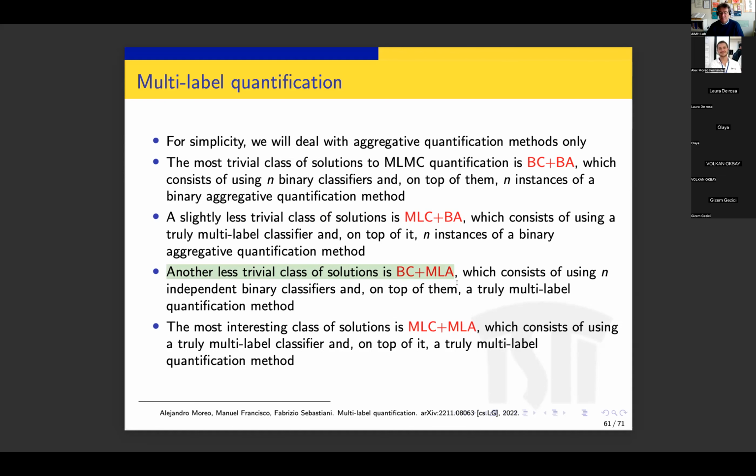But the most interesting class of solutions, and the one that has proven most accurate, is MLC plus MLA, multi-label classification and multi-label aggregation. That means exploiting the stochastic correlations between the classes, both at the level of the underlying classifiers and at the level of the aggregation policy. So you use a truly multi-label classifier, and on top of it a truly multi-label quantification method.